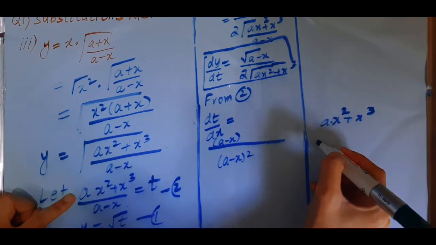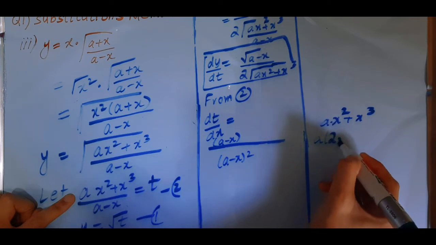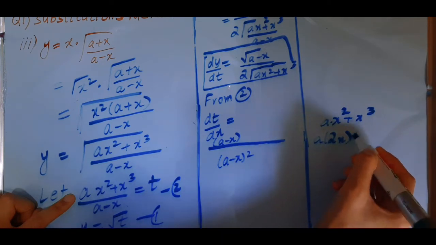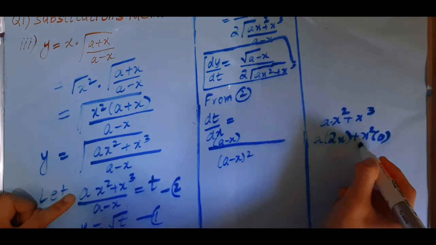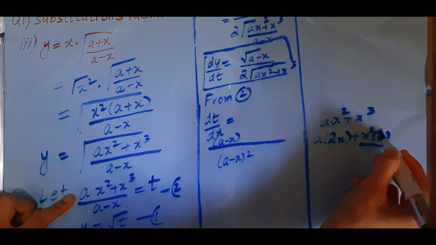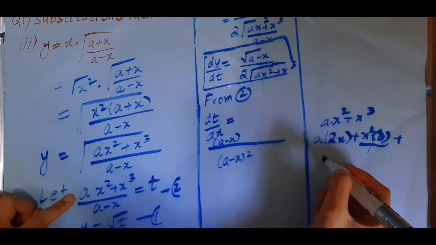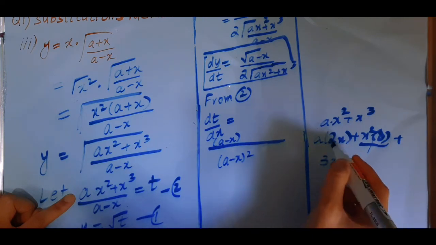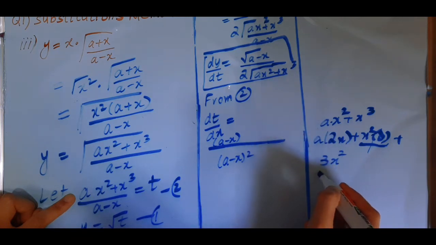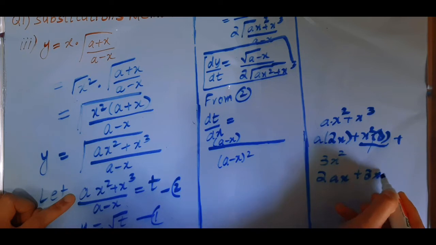It will be first term as it is, derivative of second term will be 2x, plus second term as it is, x square, derivative of a will be constant, so it will be 0. So this whole term will be 0 plus derivative of x cube will be 3x square, and we are left with 2ax plus 3x square.